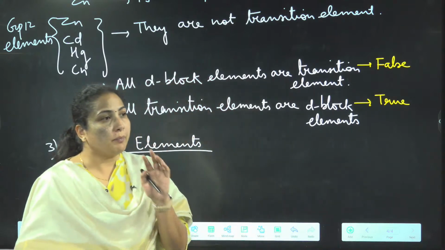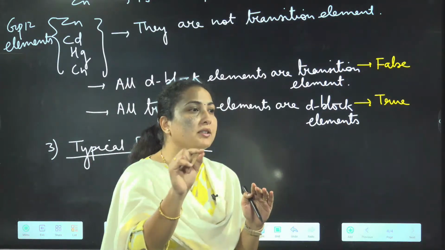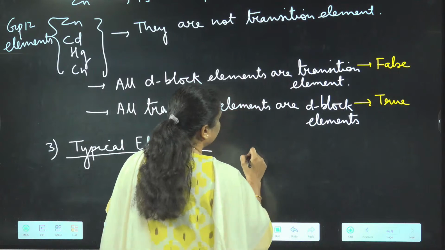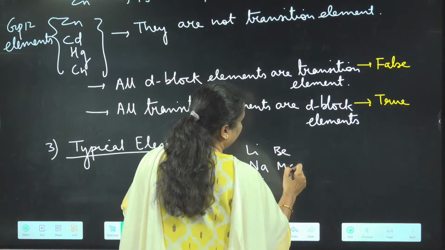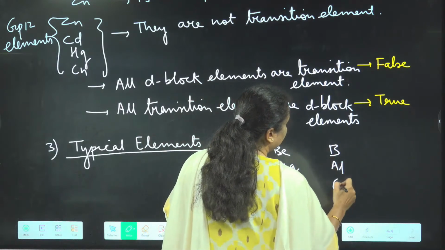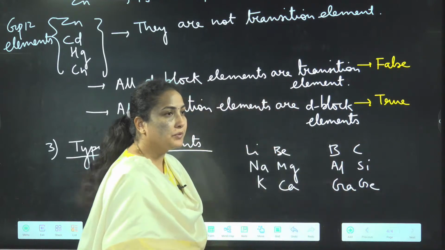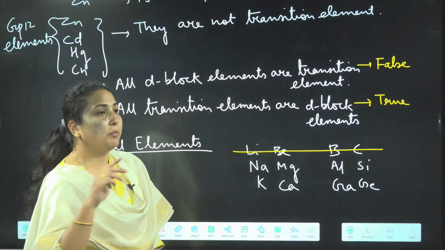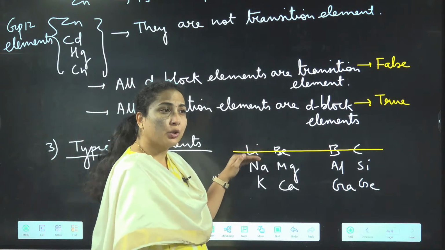Now, when I talk about typical elements here, basically all the third period elements are going to be called typical elements. Suppose I talk about lithium, sodium, potassium, then beryllium, magnesium, calcium, boron, aluminium, gallium, carbon, silicon, germanium. I'm not writing the entire thing. Now the thing is, second period elements, you'll always study that they show anomalous behavior, right? Why are they showing anomalous behavior?